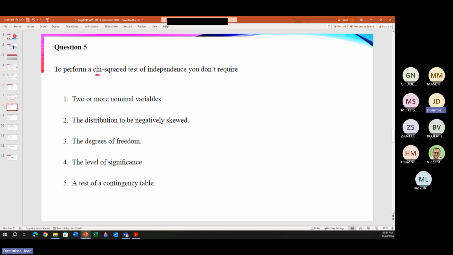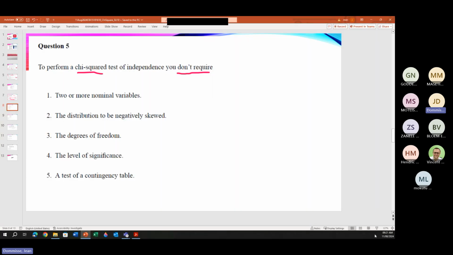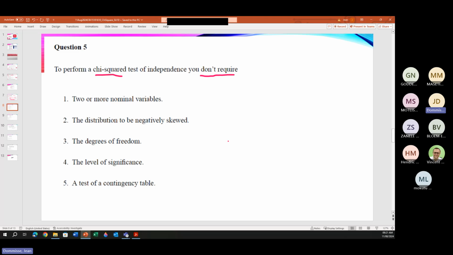To perform a chi-square test of independence, you don't require... Okay, so again, a bit of a different question, because if you first read "you require," then two or more nominal variables is correct, but we're looking for what you don't require.